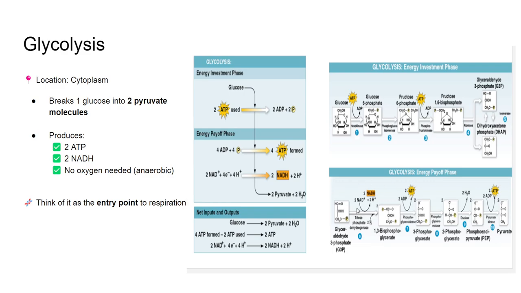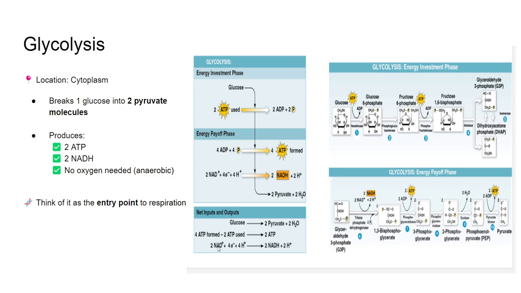So what do we get out of all this, right? By the way, each one of these steps is representative of one pyruvate molecule, because we turn one glucose into two pyruvates. So at the end of this, one glucose molecule gets us two pyruvates and two H2Os. We get two ATP formed, because we invested two and we gained four, so 4 minus 2 is 2. And 2 NADH plus 2 H plus.